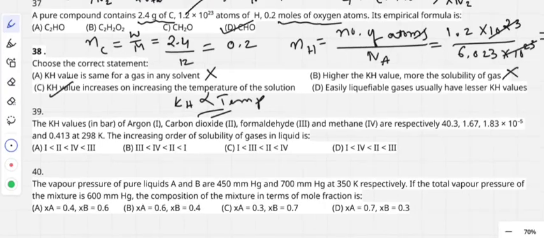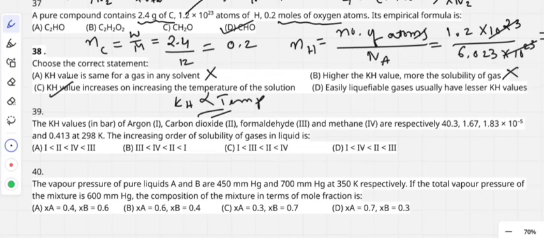In question number 39, the KH values of argon, carbon dioxide, formaldehyde and methane are respectively 40.3, 1.67, 1.83 into 10 raised to minus 5 and 0.413 at 298 K. The increasing order of solubility of gas in liquid is?